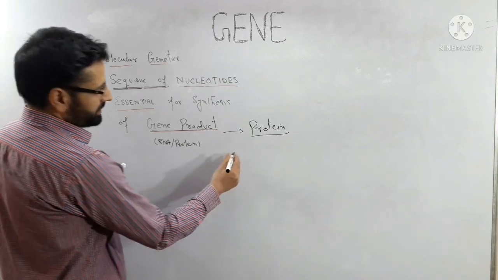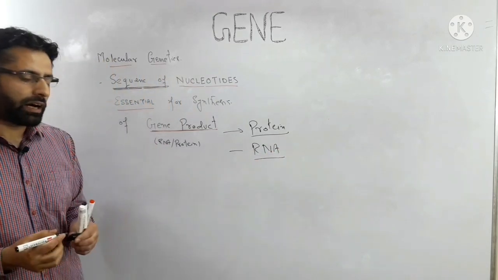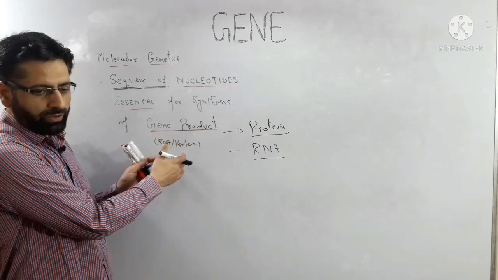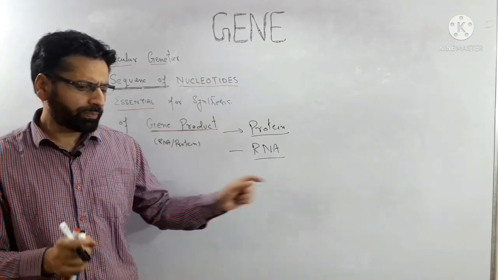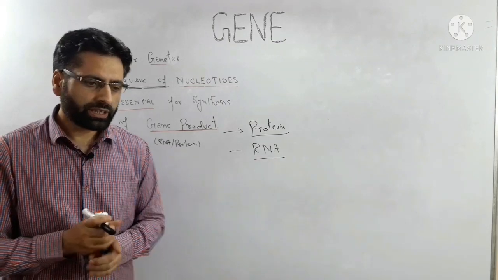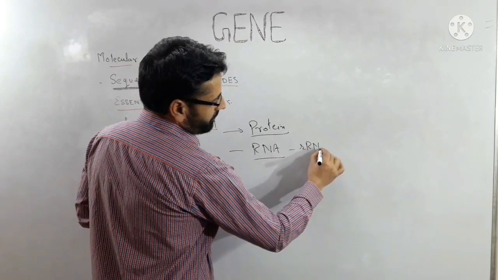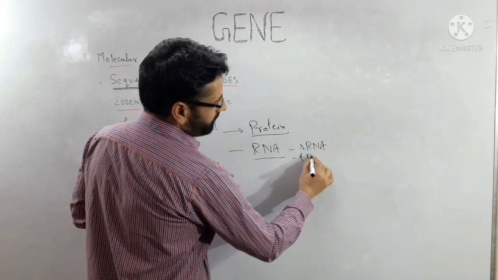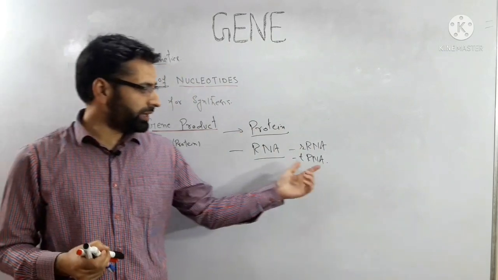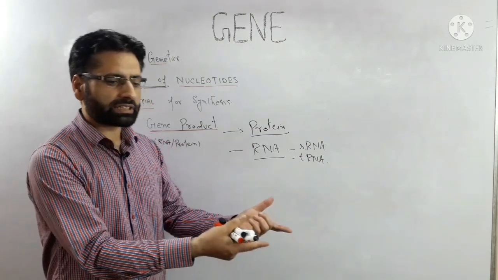But in some cases, RNA can also act as a final functional product. That is, once the RNA is formed from the DNA, this RNA, after some structural changes, can perform functions. For example, we have ribosomal RNA, or we have transfer RNA. That is, these two molecules are RNA molecules, and these RNAs are not getting translated into the protein.